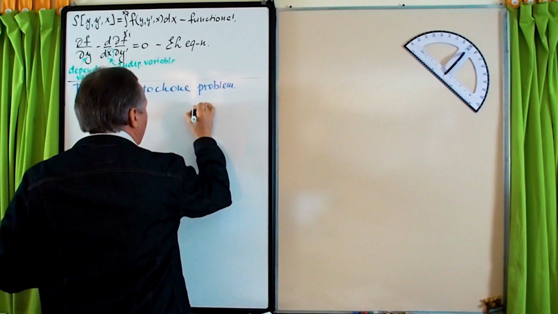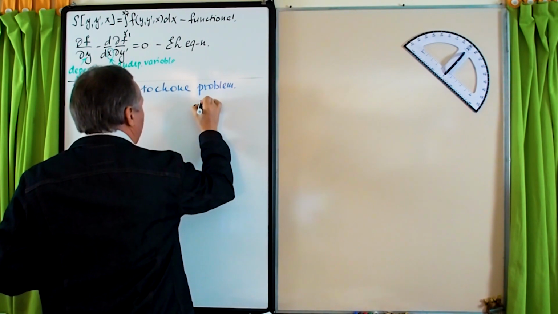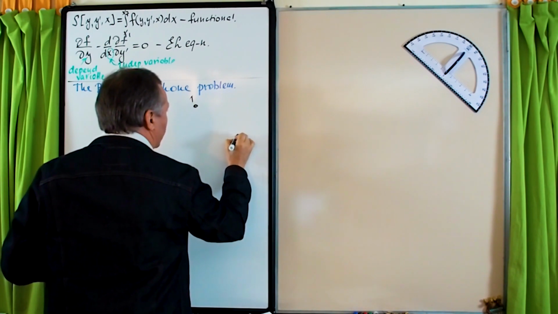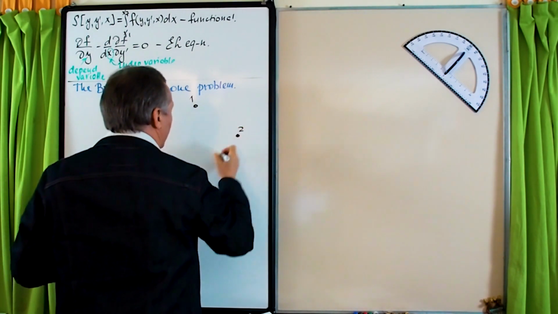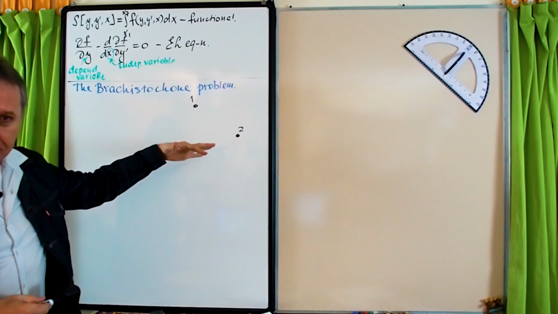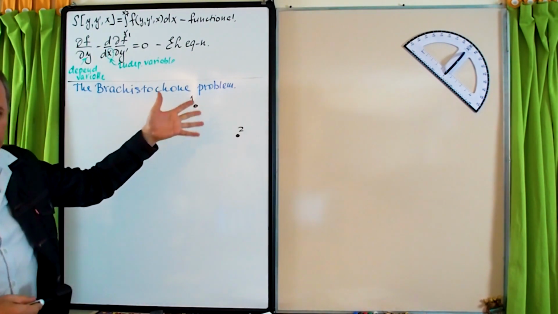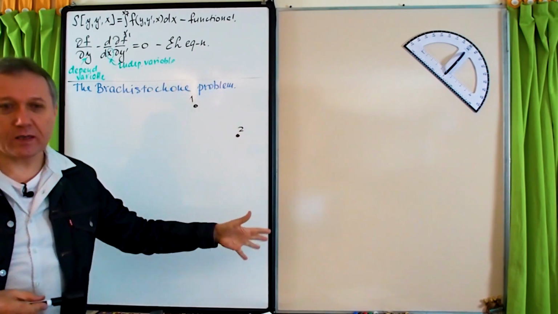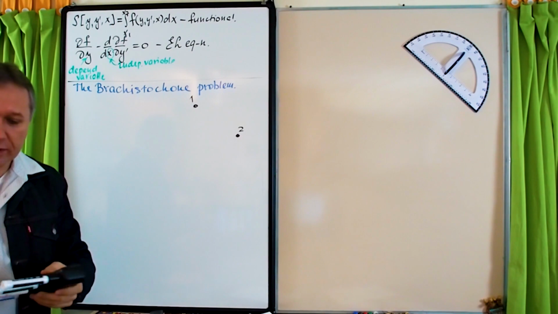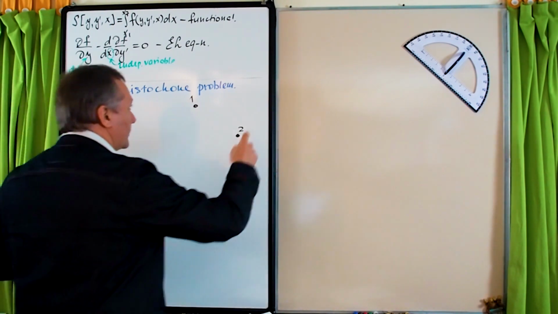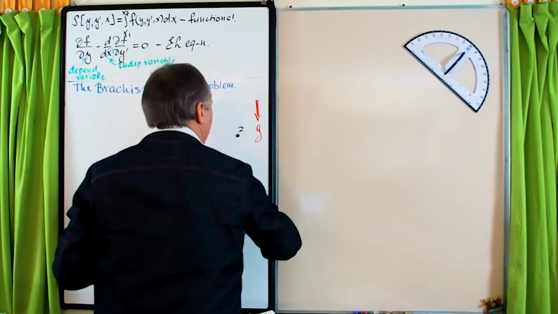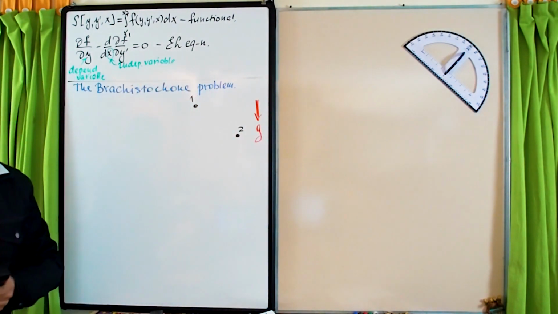Let's assume that this is some initial point 1, and this is final point 2. Let's say in this space there is a gravitational field near the surface of the Earth, force mg, with acceleration due to gravity, g, downward.